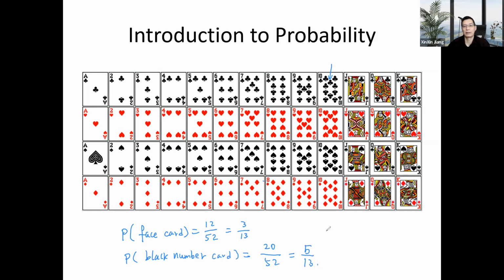And 20 out of 26 would be the probability of a black numbered card if the card is selected from black cards.